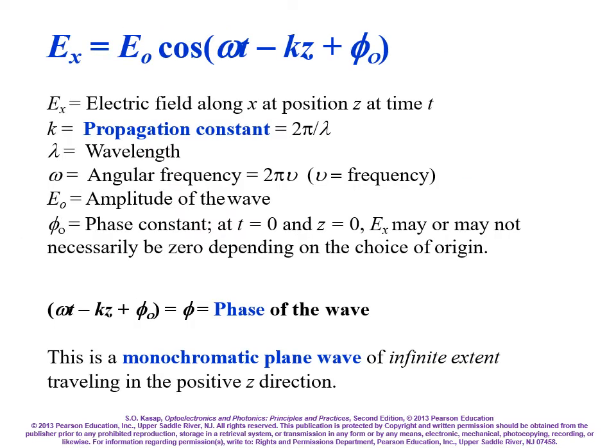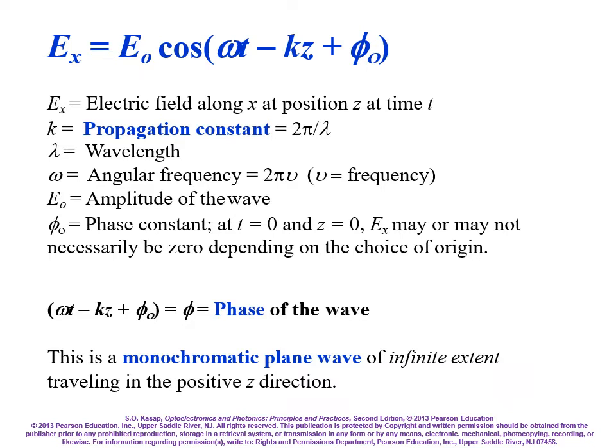Here is a mathematical explanation of an electromagnetic wave, where Ex is the electric field along x at position z at time t, k is the propagation constant, 2π/λ, where λ is the wavelength, and ω is the angular frequency, where ω equals 2πν, where ν is the frequency. E0 is the amplitude of the wave, and φ0 is the phase constant at t equals 0 and z equals 0.